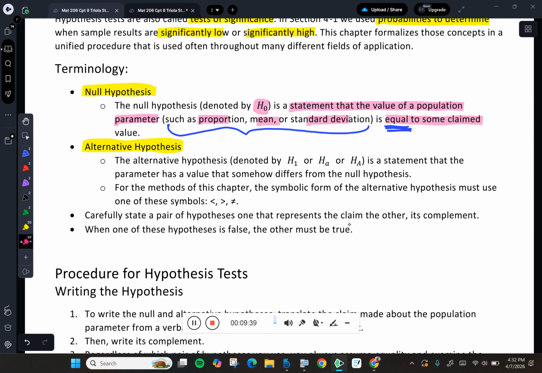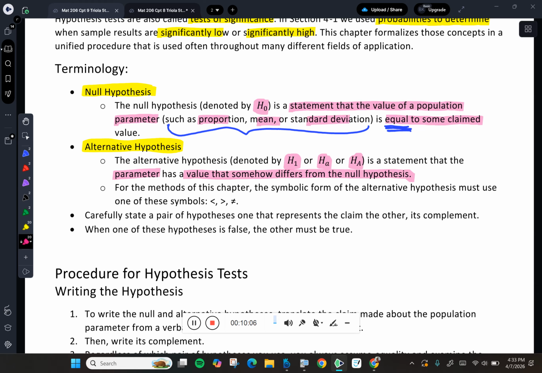The alternate or the alternative hypothesis, and you'll sometimes see it H sub 1, you'll sometimes see it H sub lowercase a or sub capital A, is a statement that that parameter, whether it be the proportion, the mean, or the standard deviation, has a value that differs from the null hypothesis.